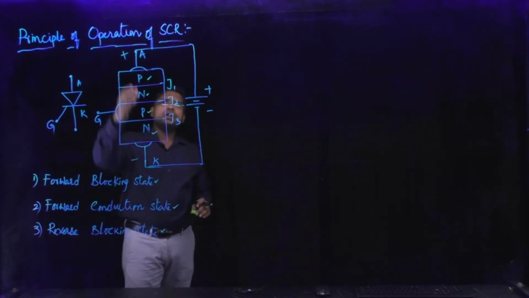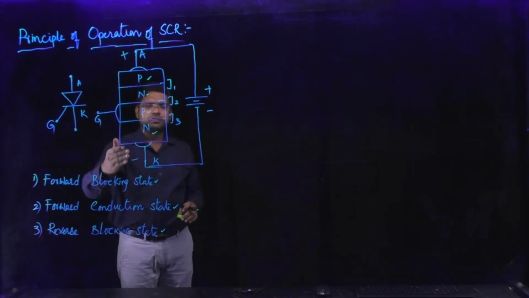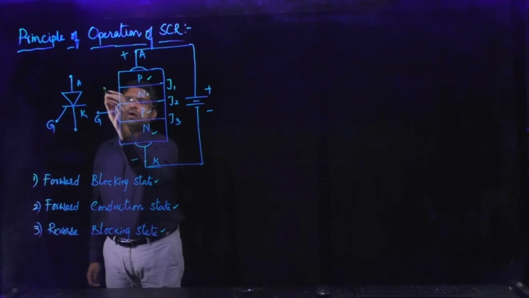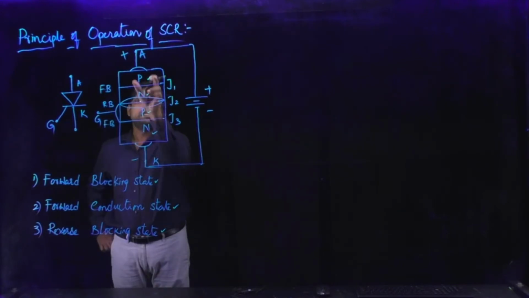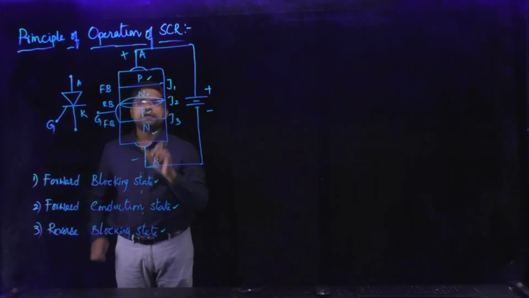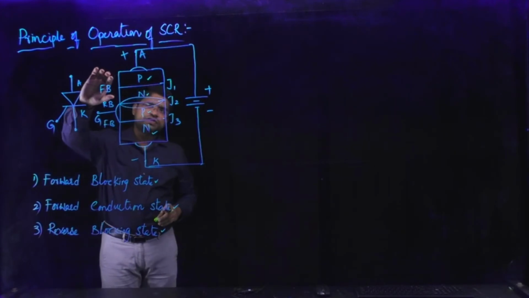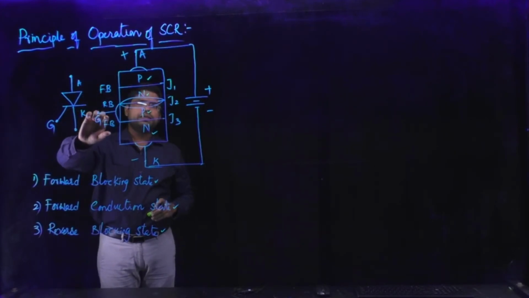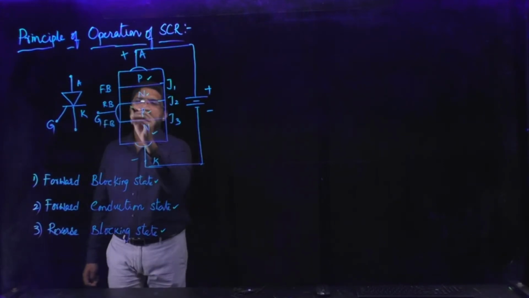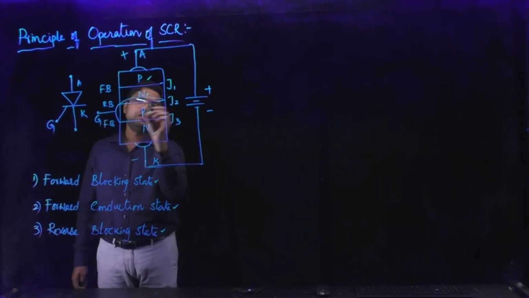Whenever anode is connected to higher potential compared to cathode, junctions J1 and J3 are forward biased and junction J2 is reverse biased. Then the device is under forward bias condition. Because of this reverse bias, a depletion layer is formed at this junction.